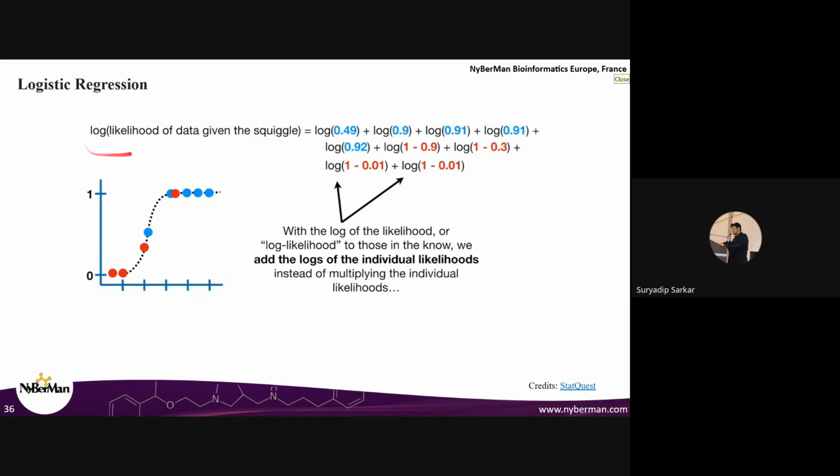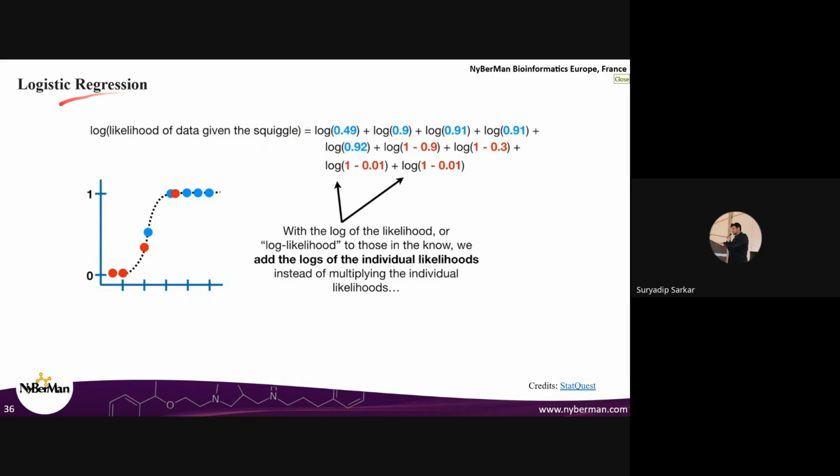Now, as I said yesterday, in all of machine learning we are basically solving an optimization problem. Yesterday, we minimized the cost function in linear regression. Today, with logistic regression, our goal is to maximize this log likelihood.